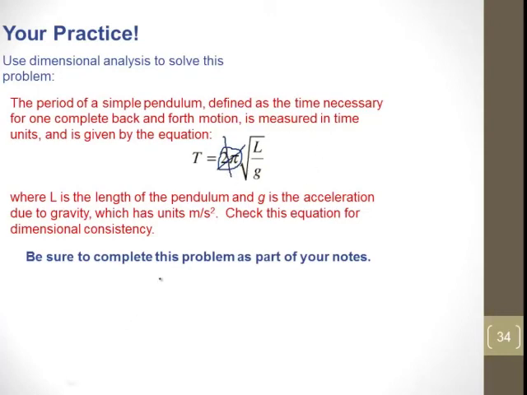And so what we want to do is recognize the dimensions of this thing, so we're going to use brackets to make sure we understand. We're not talking about actual numerical values, okay?